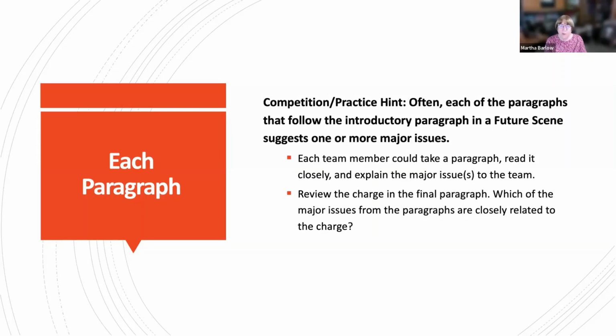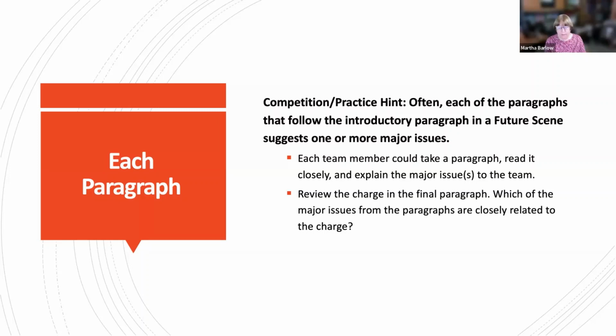Another thing to practice, especially if you have a practice future scene, or you can look back at the future scene students just worked with, let's say at the state bowl. Often each of the paragraphs that follow the introductory paragraph suggests one or more major issues. So one way to practice this is for each team member to take a paragraph, read it closely, and then explain the major issue in their paragraph to the team.